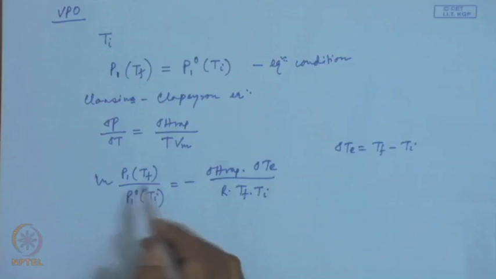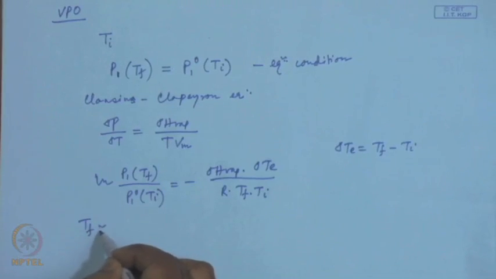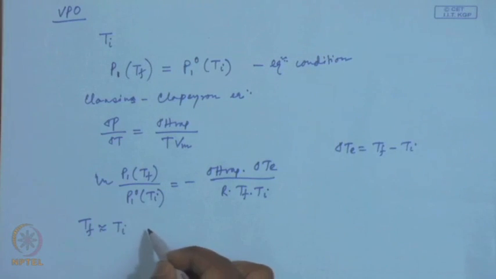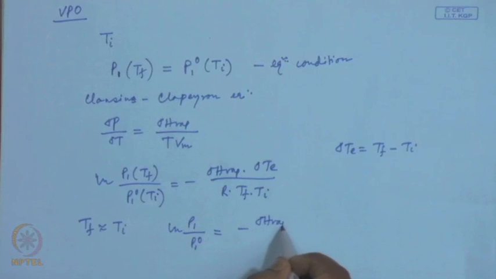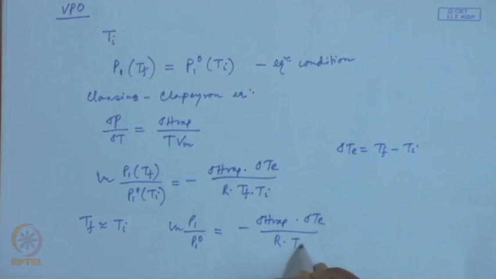Now, because Tf is very close to Ti, we can simply write this expression for P1 by P10 as minus del H vaporization delta T E by R T I square. This term is nothing but ln of the activity of the solvent.